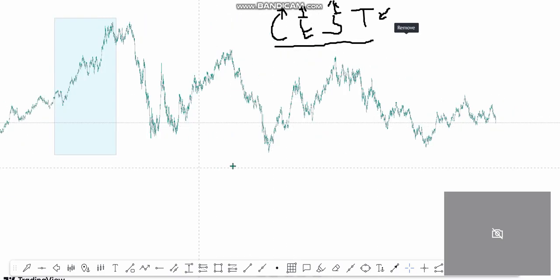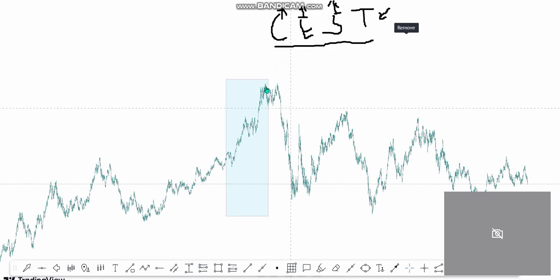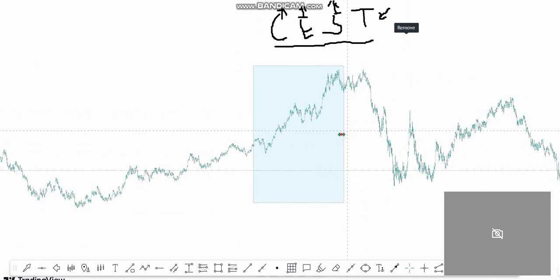A lot, 400,000 pips. This is a lot of money in the market, and as you can see here, they were taking profits. Whenever you see a range, it means they're taking profits. Once they take out the profits, you just need to look for the best opportunity to enter the market.